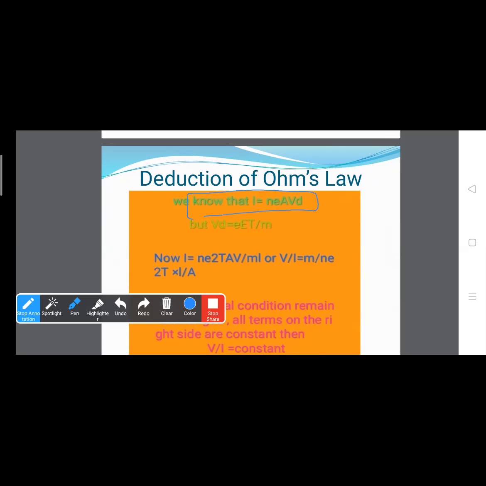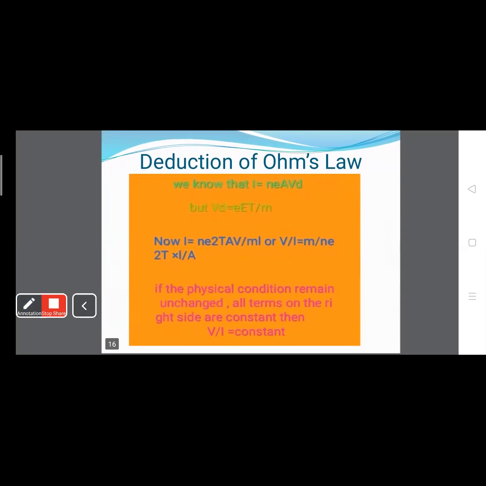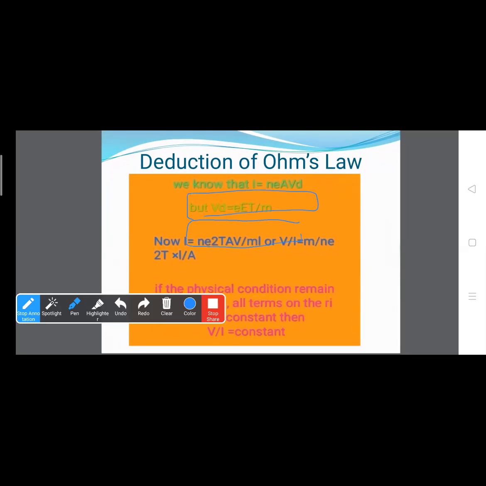And we know the drift velocity Vd is eEτ upon m, where small e is the charge on the electron, capital E is the electric field, τ is the relaxation time, and m is the mass of the electron, right? Now put the value of drift velocity in the first equation. So I equal to nAe times eEτ upon m.